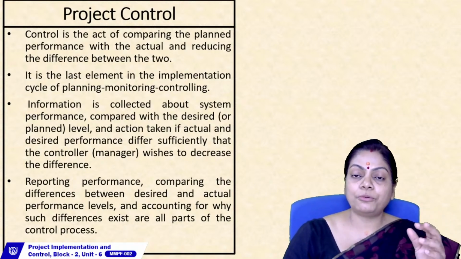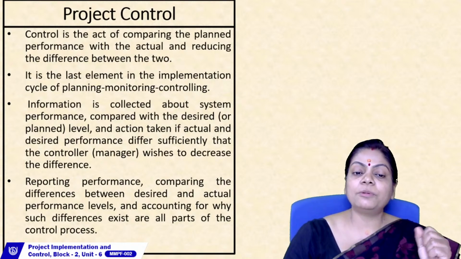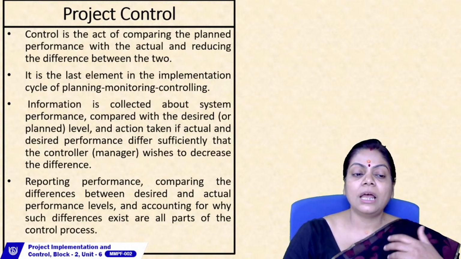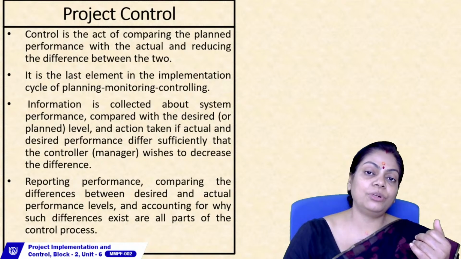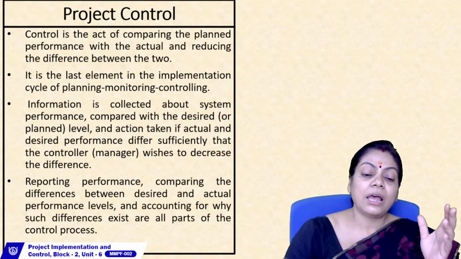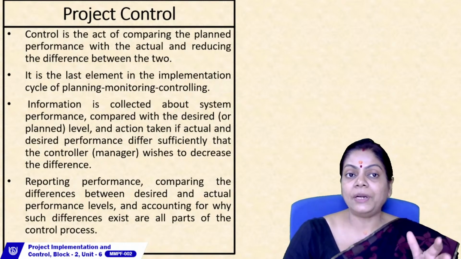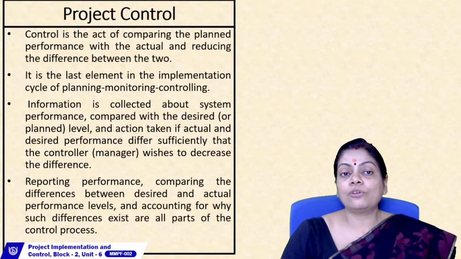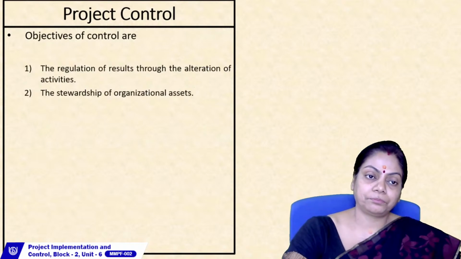Now the manager wishes to decrease that performance gap, so then controlling needs to be done. Then the reporting of performance, comparing the differences between the desired and actual performance, and why this deviation actually happened or why it is existing, can also be explained through the use of project control.